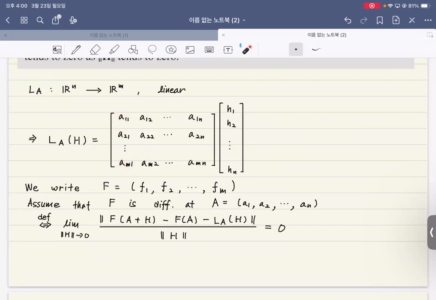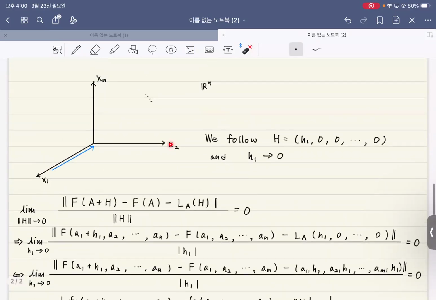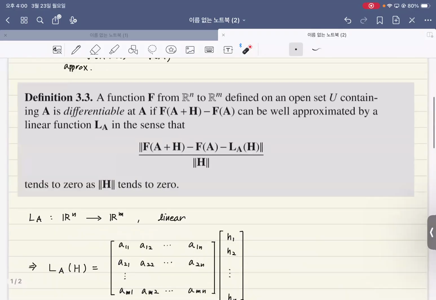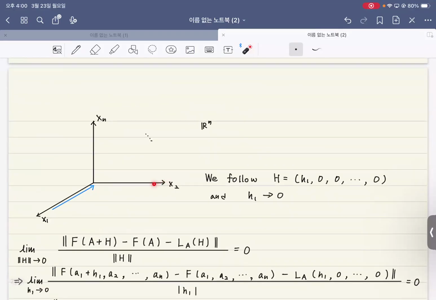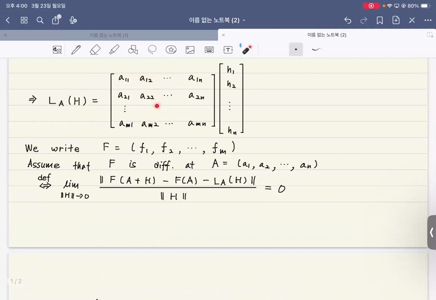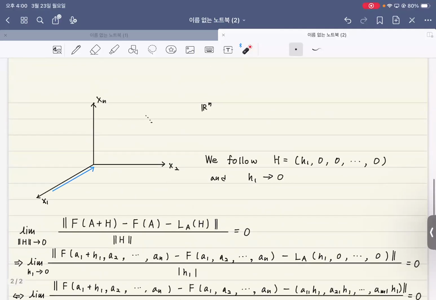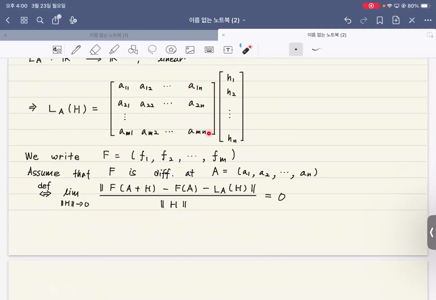What about the second and all the other columns? They are the same thing. Here we are following this route, but if we follow the second route along the x2 axis, then these numbers are also easily obtained. And if you follow this route, you can also get all these numbers easily.